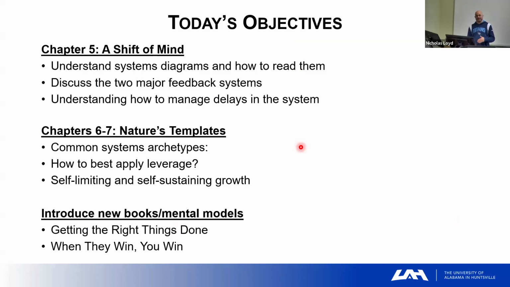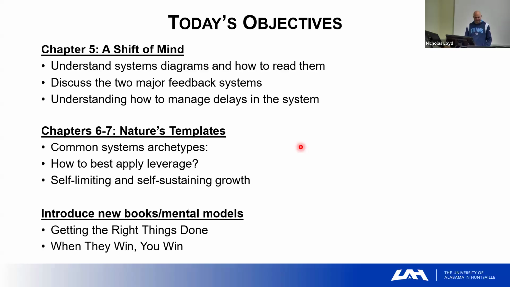Chapter 5 introduces the idea, the concepts, the mechanics of systems diagrams and the language of systems thinking. Then 6 and 7 talk about some applications of that and how to start to recognize generalities in nature, so that we can learn from nature's templates to apply them to more specific situations.